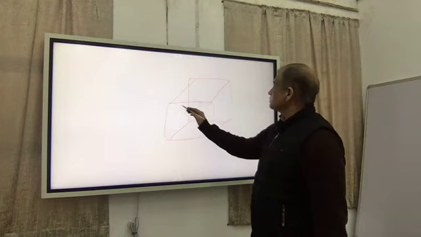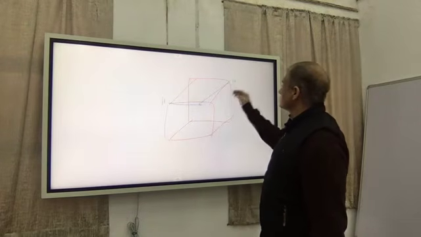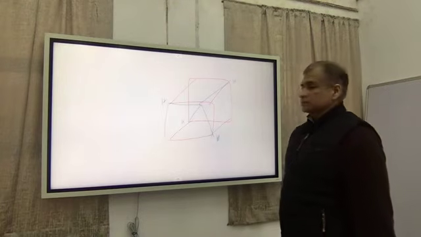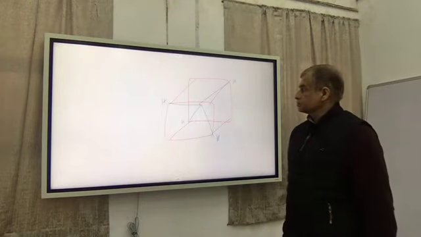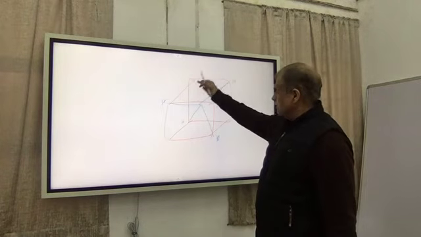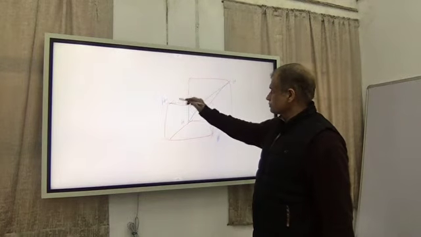So this is the carbon, this is the hydrogen, another hydrogen, another hydrogen, another hydrogen. This is the tetrahedral molecule. I am saying that, one I will show here just for information.